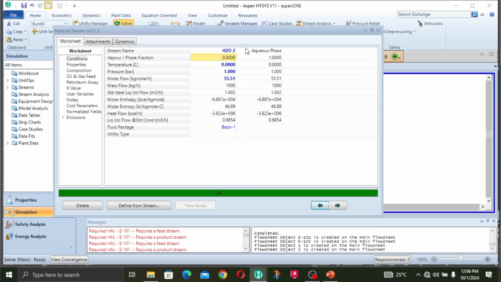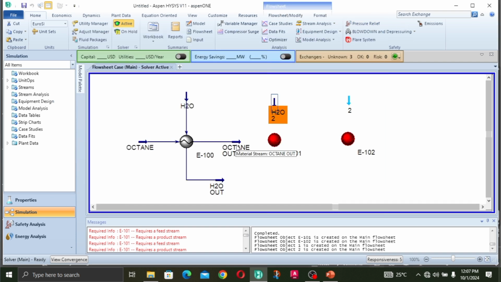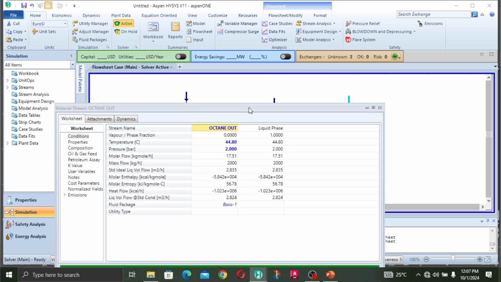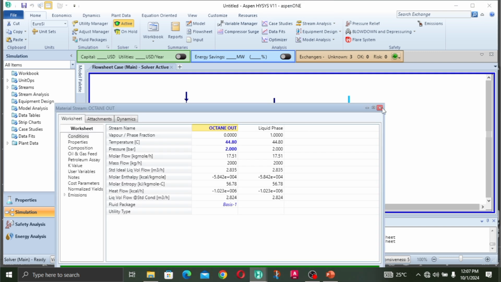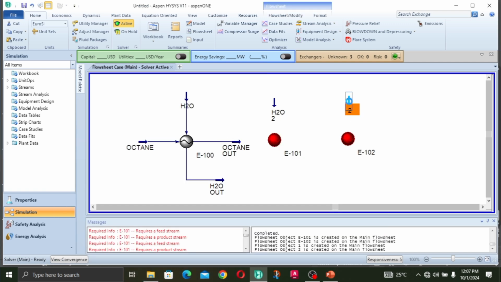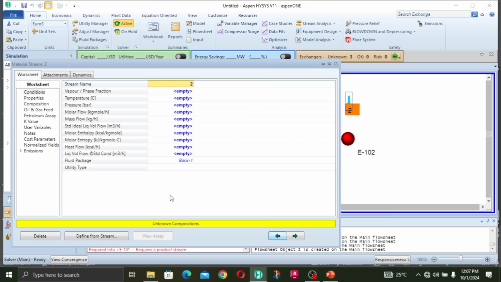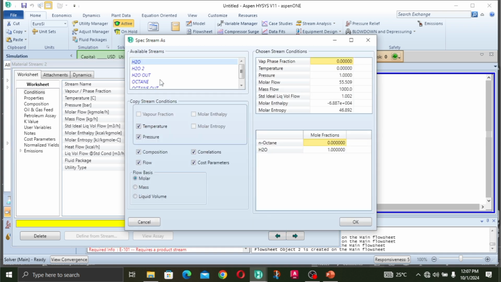Alright, so let's work on temperature this time around. Should we still work with the same temperature of 0 Celsius? Let's see, what outlet temperature do we have? It's coming out at a temperature of 48. Alright, so I think that would still work. Let's also do this definition for H2O3.